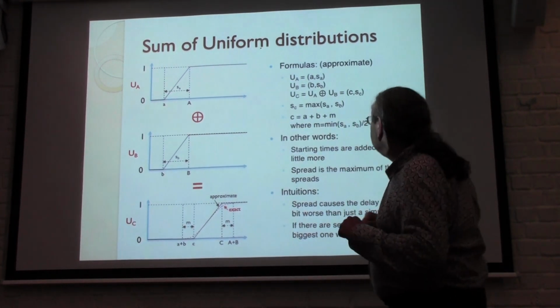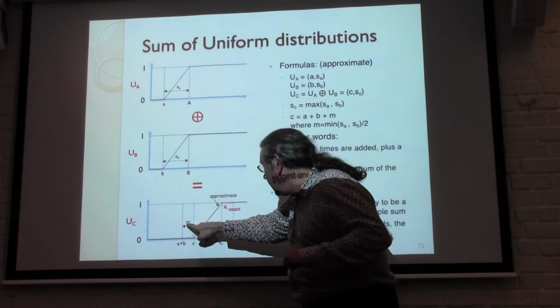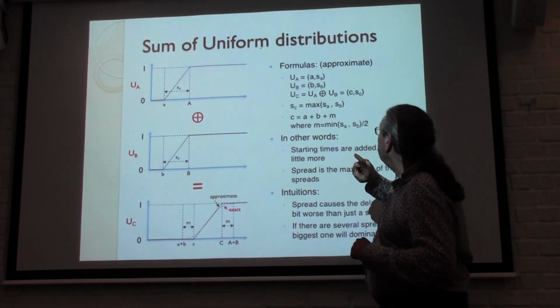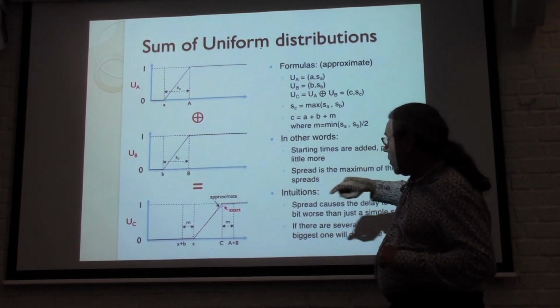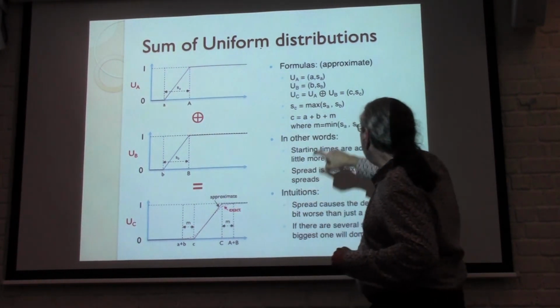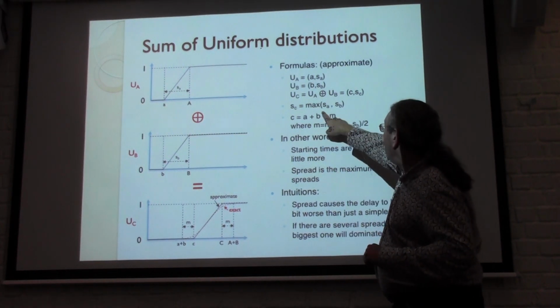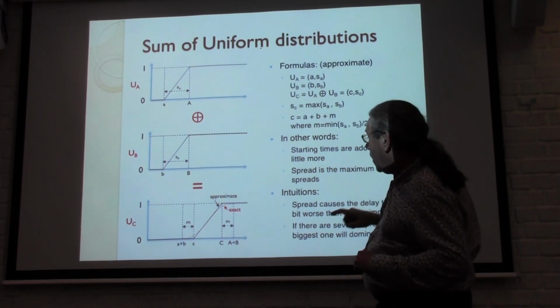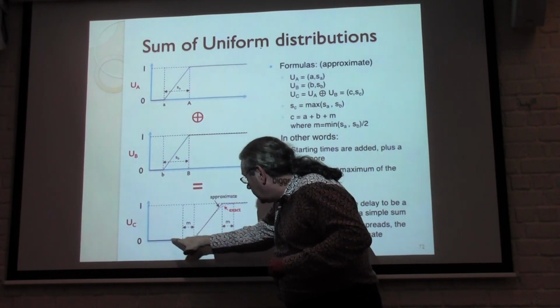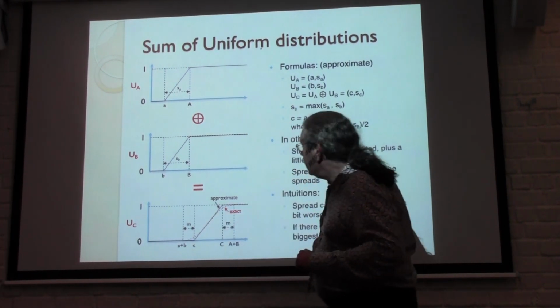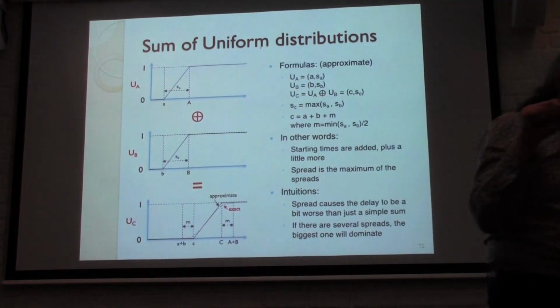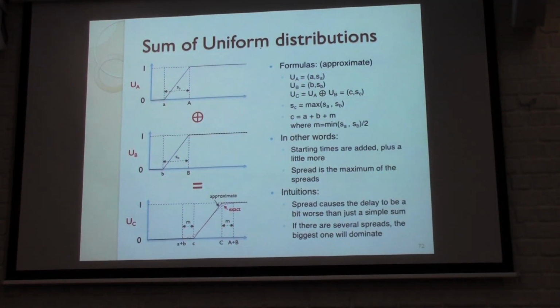It's a kind of interesting approximation. And this little number n is what we saw before. It's the minimum of the two spreads over 2. And the spread SC is the maximum of the two. And this one starts at A plus B plus a little bit more. So you can approximate the sum of two uniforms as a uniform, okay?